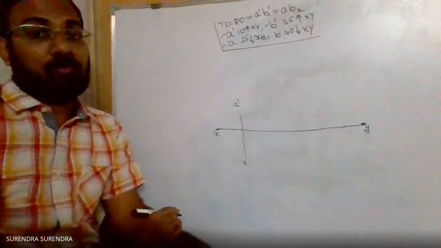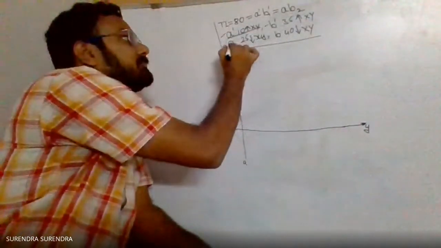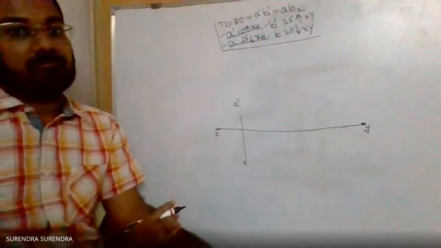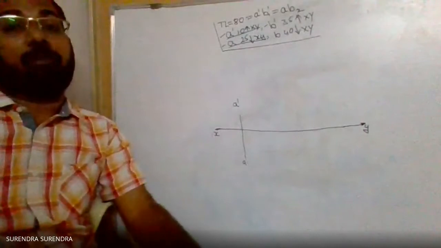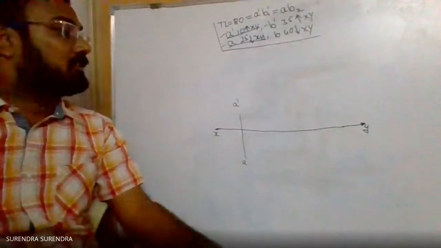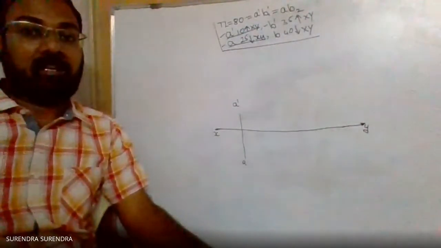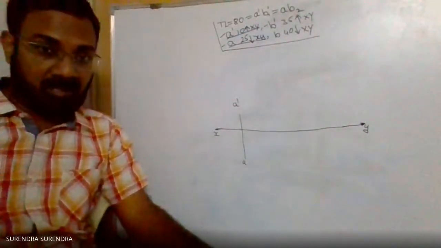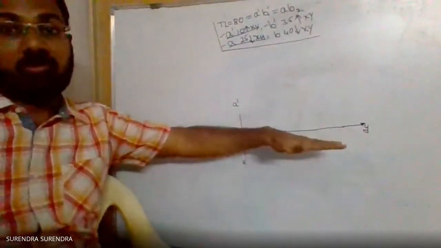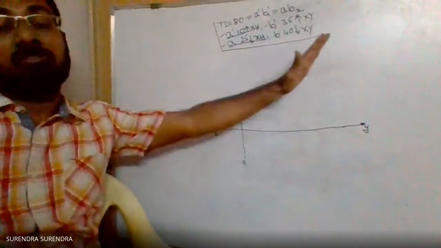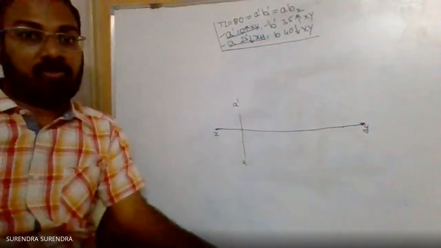If you refer to the configuration figure, we completed representing these two values. For the remaining B dash and B, the distances from the XY line are given, but we don't know the projection distance. To complete B dash and B, we should know the distance from A also, not only from XY. We don't know that value.